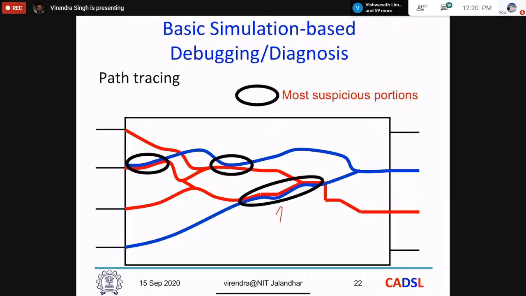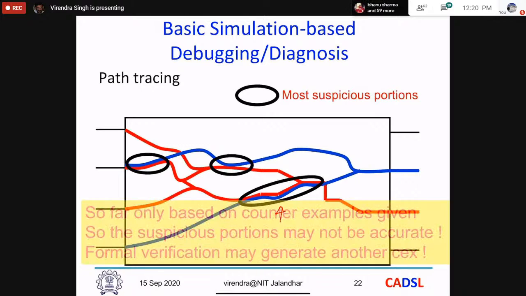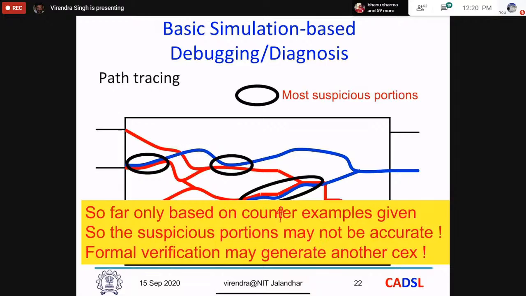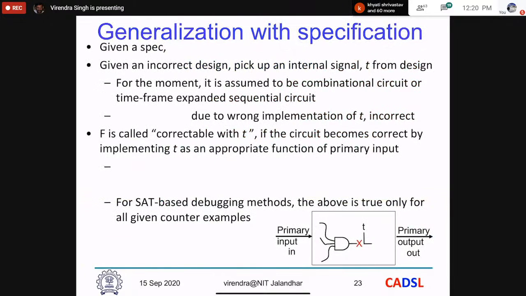Now these suspicious candidates, one has to analyze. So in this way you can do that, based on the counter example. Suspicious candidates may not be accurate. I can suspect this one, this one, this one, but only one of them may be the bug. And for every one of these you can use the formal method to get the counter example.